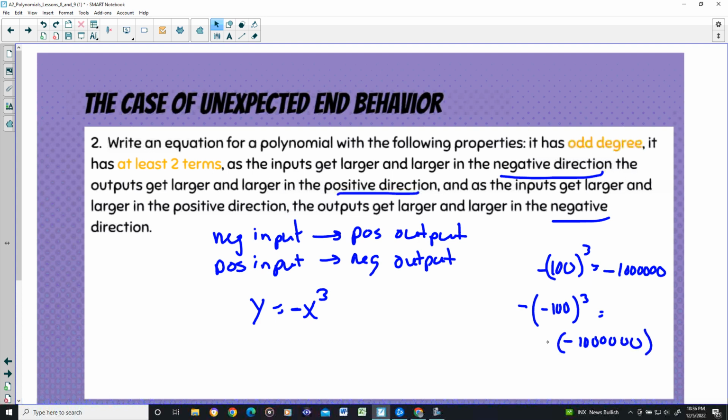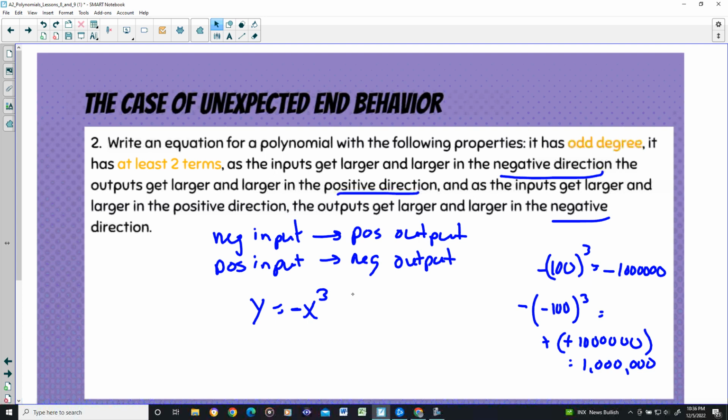But then this other negative is outside of it, and it's going to cancel with this negative, and it's going to be a positive 1 million. Another way to think about it is you've got 3 negative signs, and then this negative makes it a fourth, and 4 negative signs turn positive. So guess what? A negative x to the third will work.